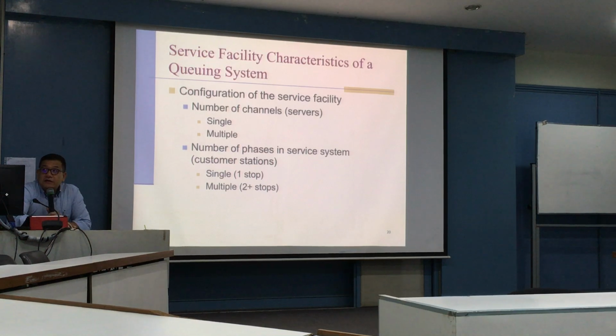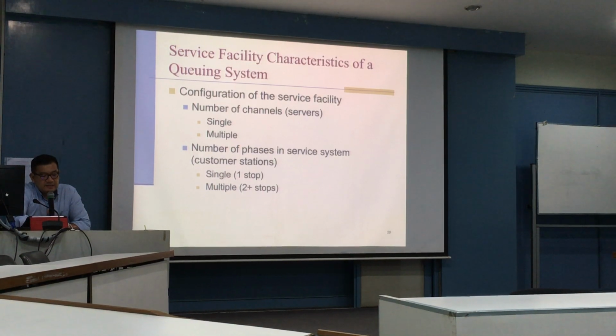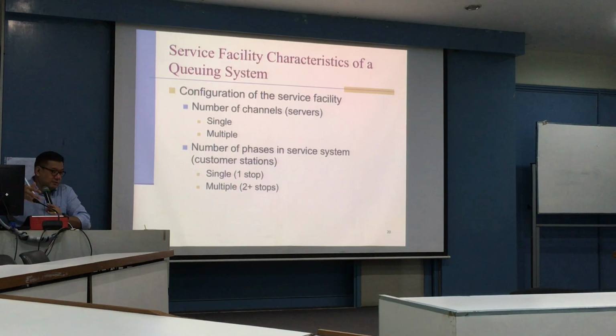And the last part of the queuing system characteristics is the service facility. Service facility is firstly involved with the configuration of the system. You can think about how you are doing the layout of the system for queuing.